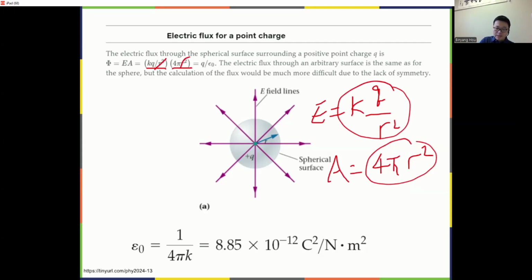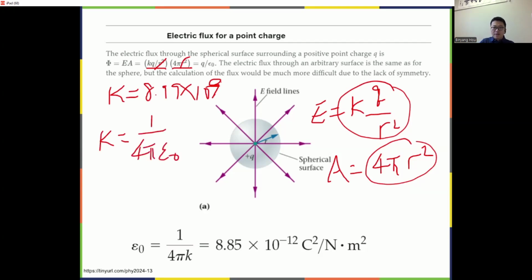Where K is a constant, which is 8.99 times 10 to the positive 9. And K is also this guy here, 1 over 4 pi times epsilon naught.